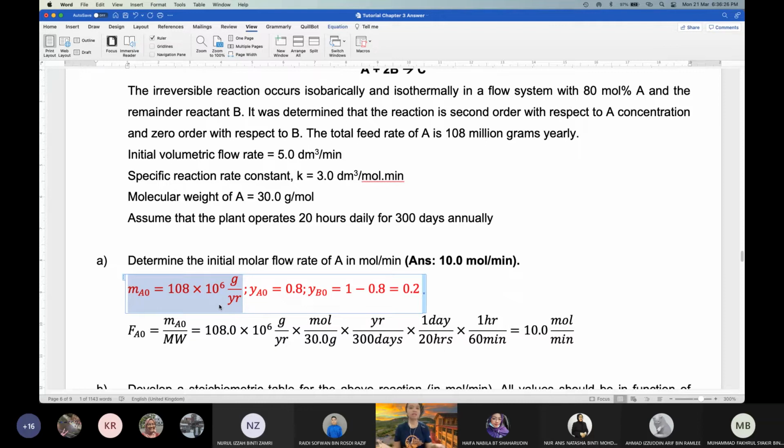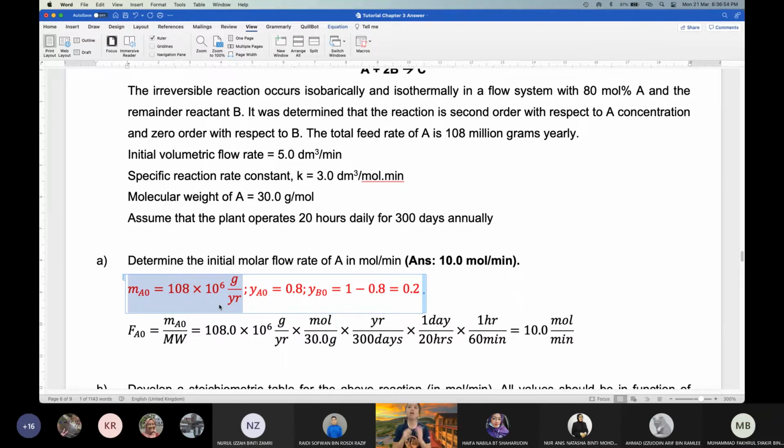First of all, the important one is to convert from mass to mole, because we want the molar flow rate and we have the mass flow rate. So how do we change from mass to mole? If you learned in CPP, to convert from mass to mole we can use the molecular weight. Basically, molecular weight is a conversion factor that can convert from mass to mole, or mole to mass, vice versa.